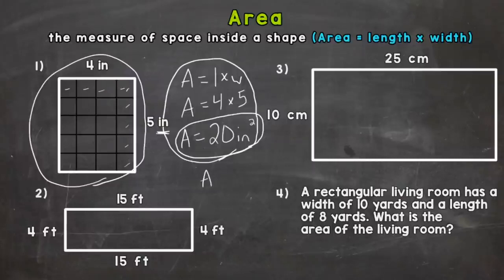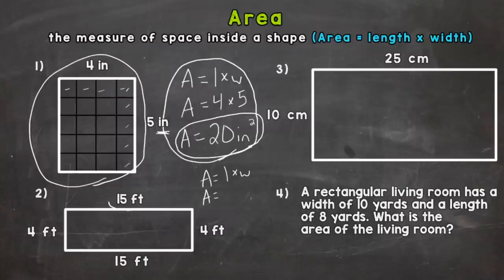So we write out our formula first. Area equals length times width. Next, we plug in. Now, this is a little different than number 1 because we have all sides the measurements listed. Do not just multiply everything for an area problem. You have to pick out the correct length and width. If you just multiply everything, you're not going to get the correct answer.